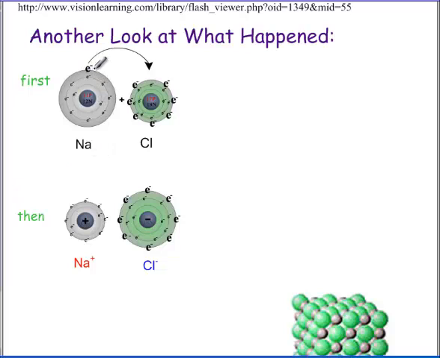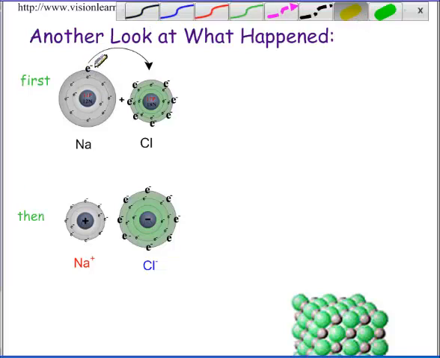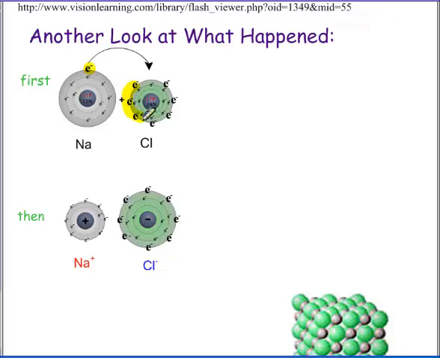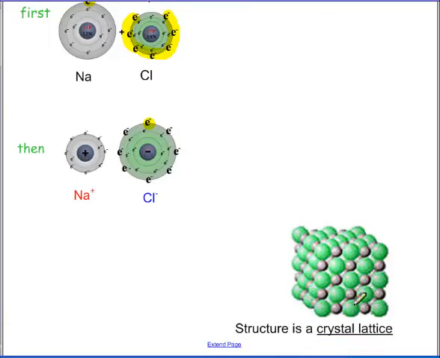And you can look, here's the 1 valence electron for sodium in its outermost shell. Chlorine has 7 valence electrons in its outermost shell. Both are unstable. You can see this electron gets transferred from sodium to chlorine, which would be this electron here. And when that occurs, sodium has become a positive ion, chlorine has now become a negative ion, and those ions are attracted to each other.